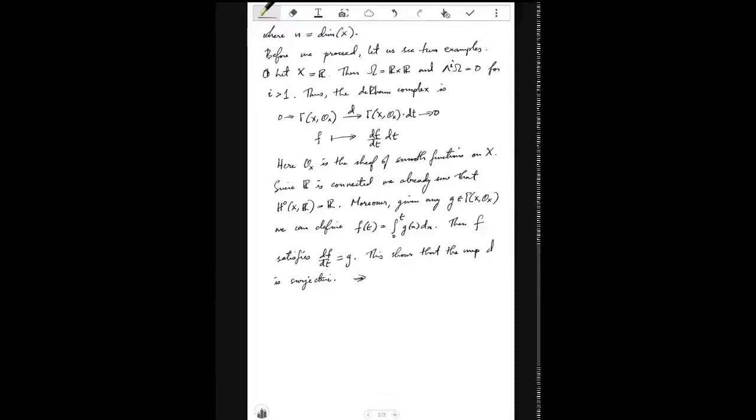This implies H1(X, R) is equal to kernel of d1 by image of d0. So this is actually d0 and d1 is just the map 0 because there's nothing over here. And since d0 is surjective, this shows that H1 is 0.